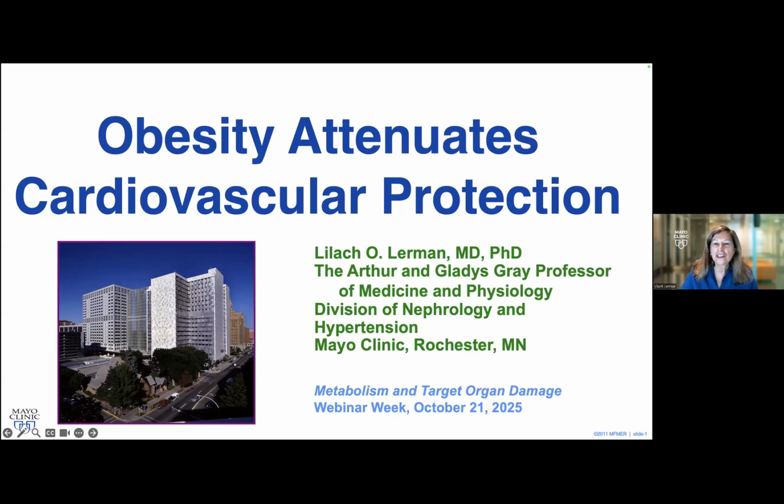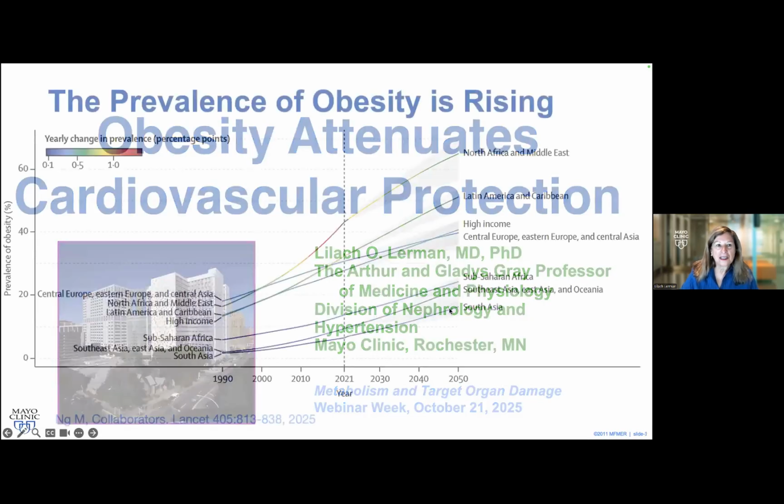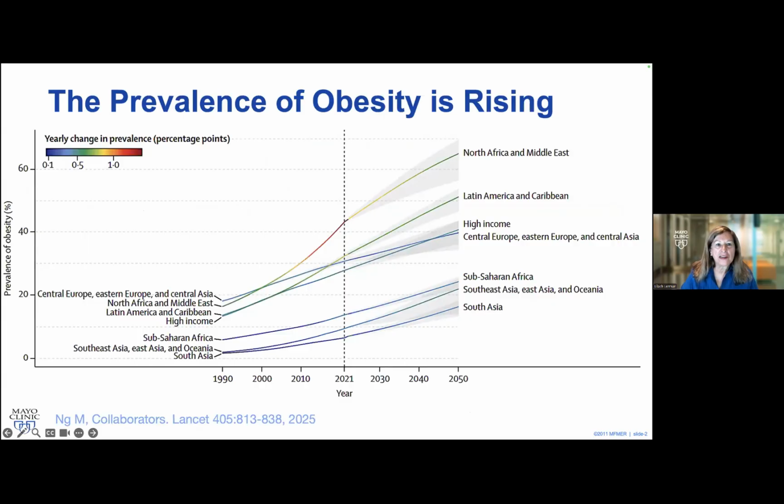And why are we concerned about obesity? Well, you may know that the prevalence of obesity is continuously on the rise. As you can see, it includes many populated continents, such as Africa, the Americas, as well as Asia.